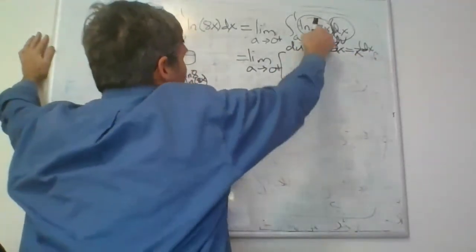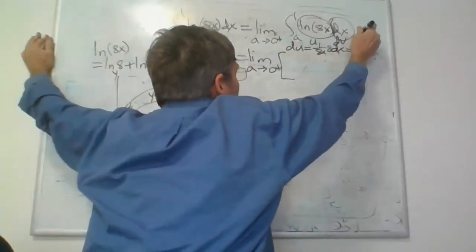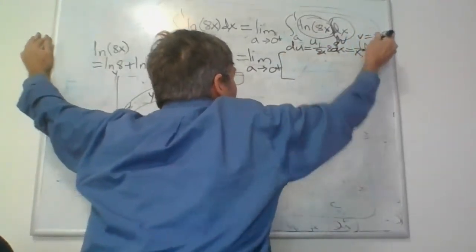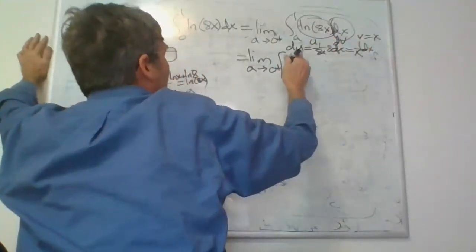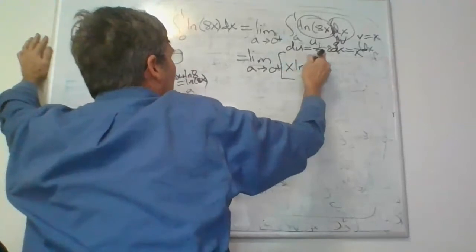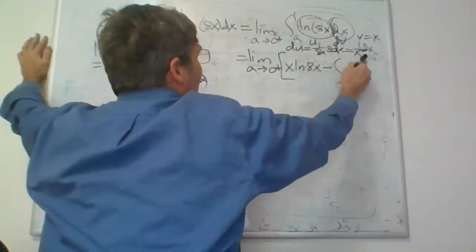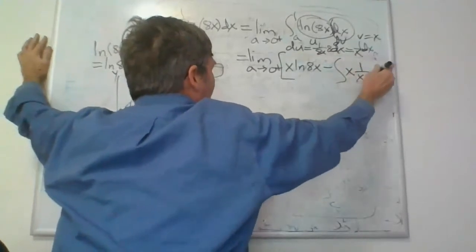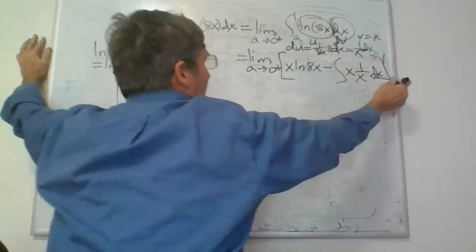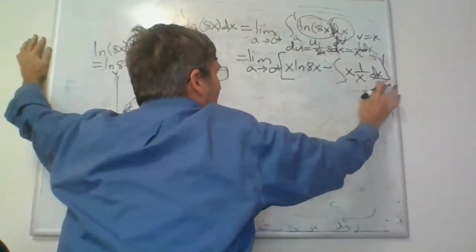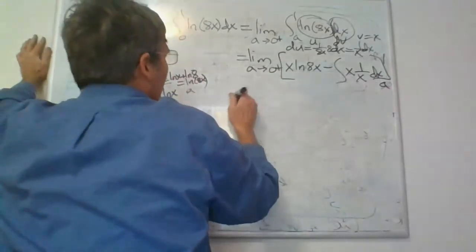1 over x dx for du. We'll take uv, which is ln 8x times v. If dv is dx, then v is x. So uv is x ln 8x. And then it's minus the integral of v, which is x, times du, which is 1 over x dx. We need to plug in a and 1 and then take the limit as a goes to 0 from the right. Well, what is this?